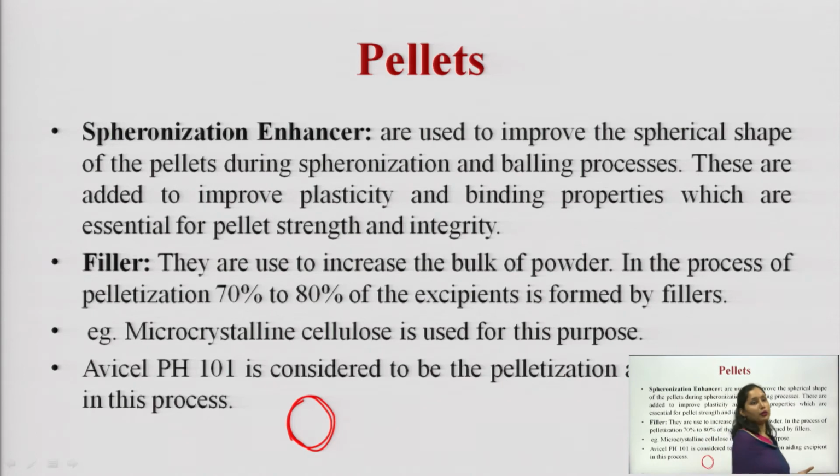In the process of pelletization, 70 to 80% of the excipient is filler. So, generally they occupy 70 to 80% of the space. Then for that purpose we use microcrystalline cellulose. Also Avicel pH 101 is considered to be the pelletization aiding excipient in this process.